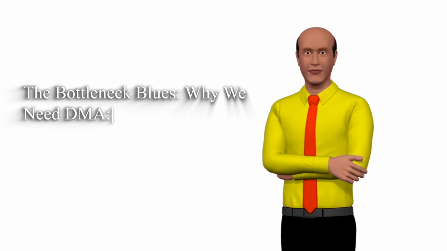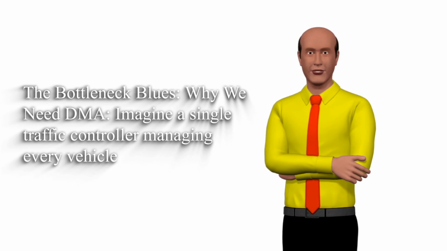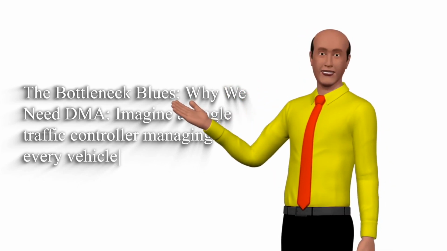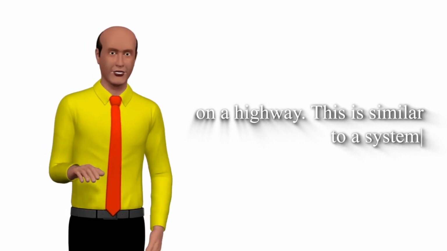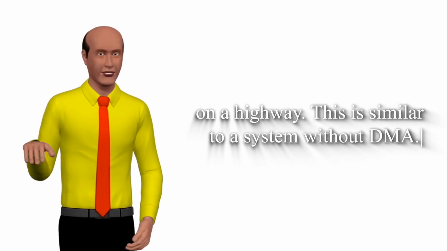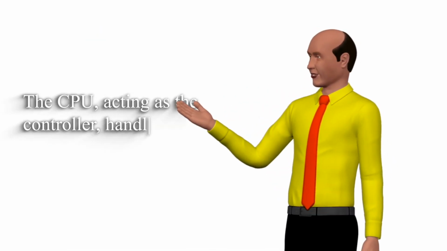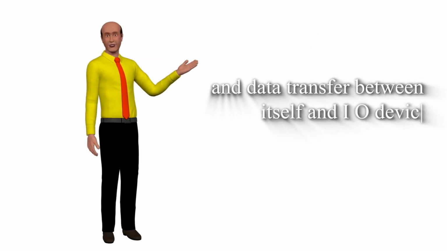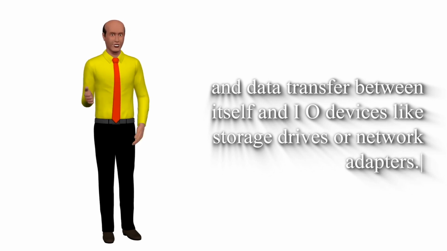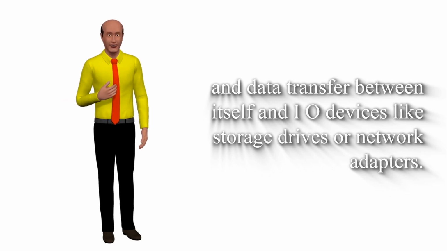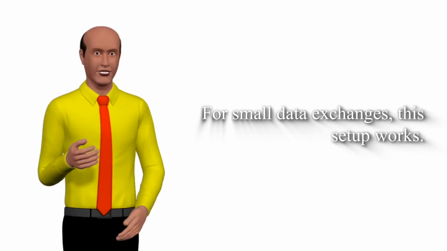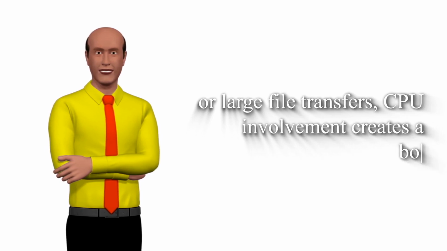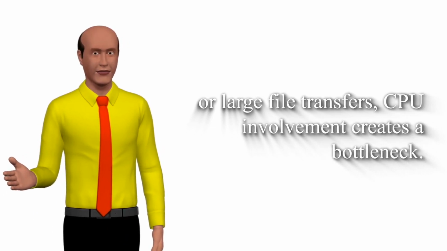The bottleneck blues: why we need DMA? Imagine a single traffic controller managing every vehicle on a highway. This is similar to a system without DMA. The CPU, acting as the controller, handles both data processing and data transfer between itself and I/O devices like storage drives or network adapters. For small data exchanges, this setup works. However, when dealing with massive data volumes, like video editing or large file transfers, CPU involvement creates a bottleneck.